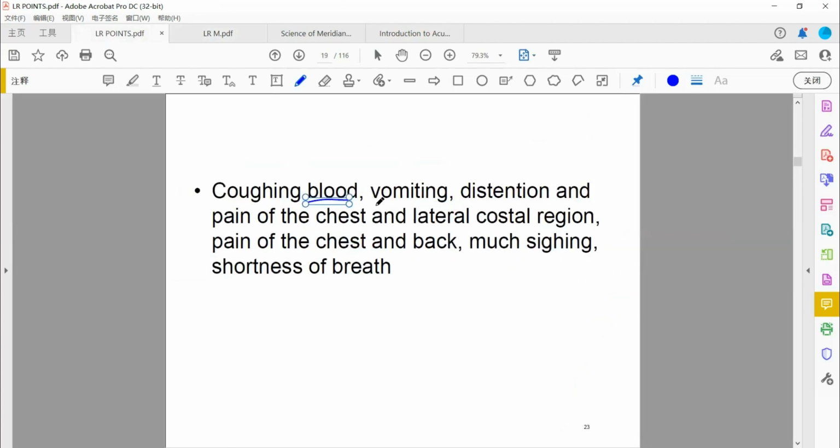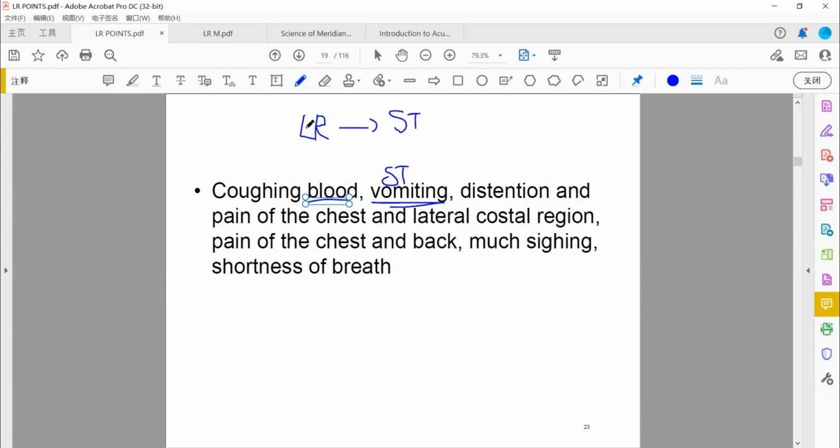Okay, still there's some bleeding, vomiting. Yeah, vomiting, that's the stomach. If there's liver fire or liver qi stagnation, it will affect the stomach.